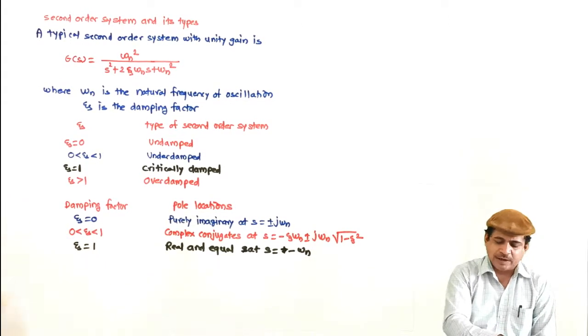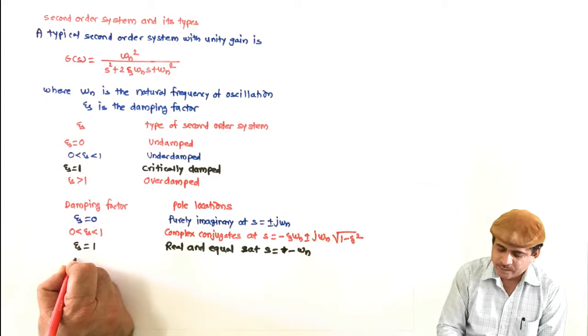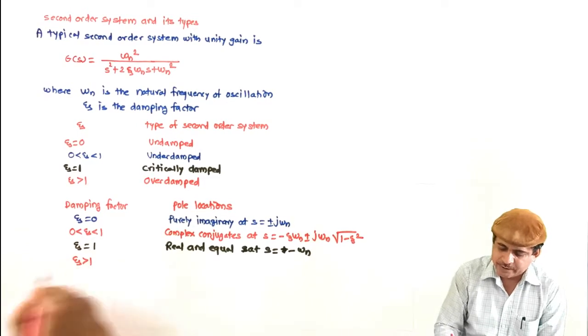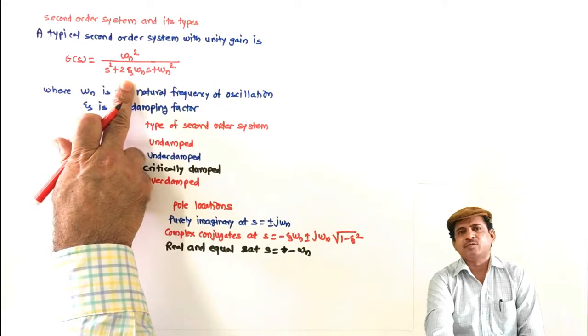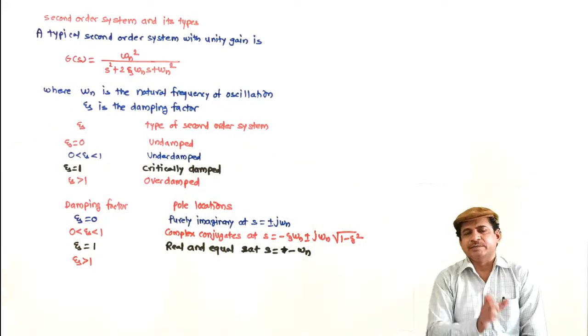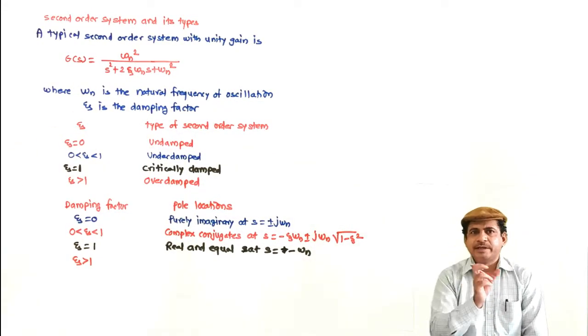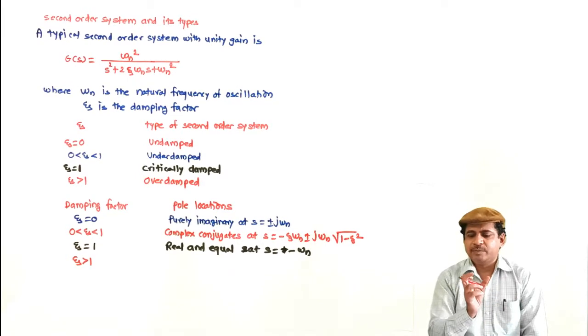And finally, zeta greater than 1, that is the overdamped system. Then both the roots will be real, but they will be distinct.